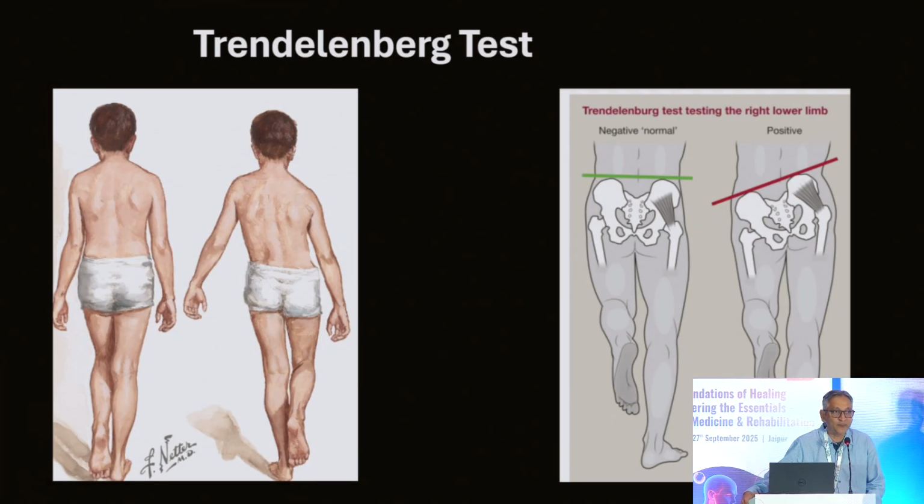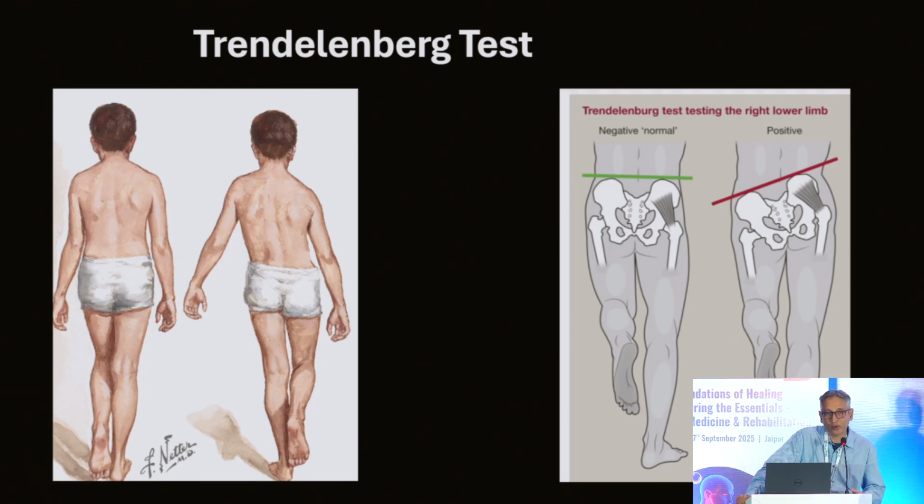So the Trendelenburg test. What is the Trendelenburg test? The basic thing is that it could be due to a problem with the fulcrum. The fulcrum is the hip joint. Or it could be a problem of the lever. It can be due to a fracture neck, or the trochanter, or the head, that is the lever problem.